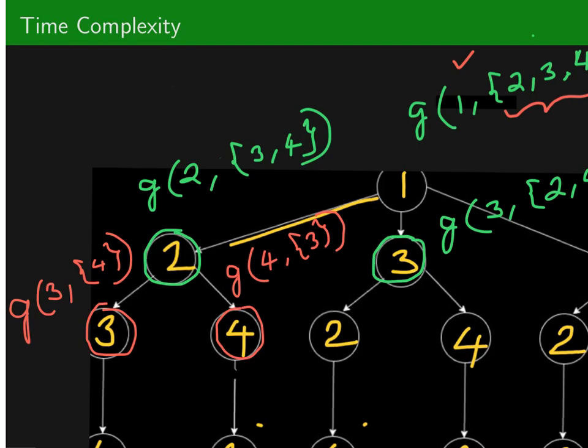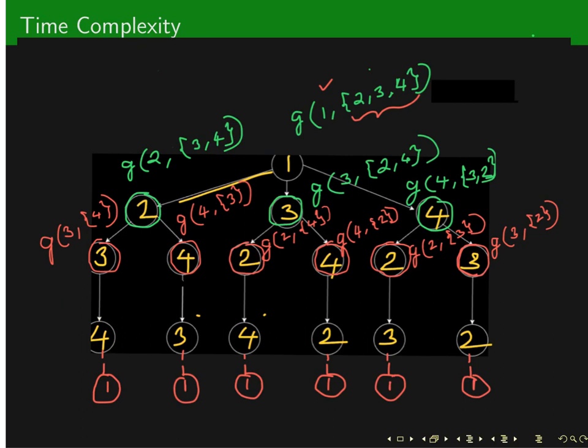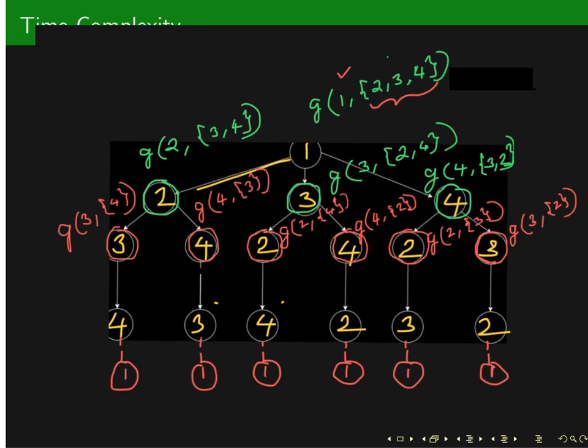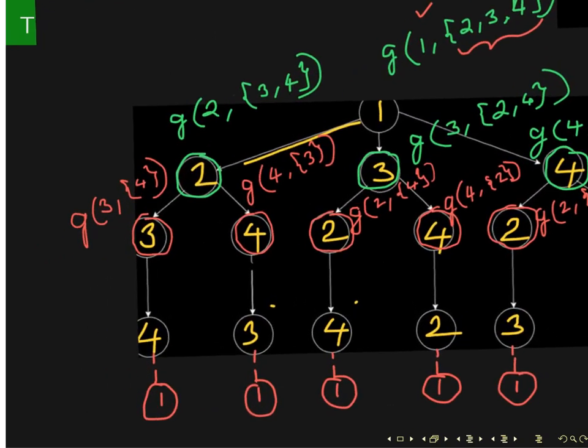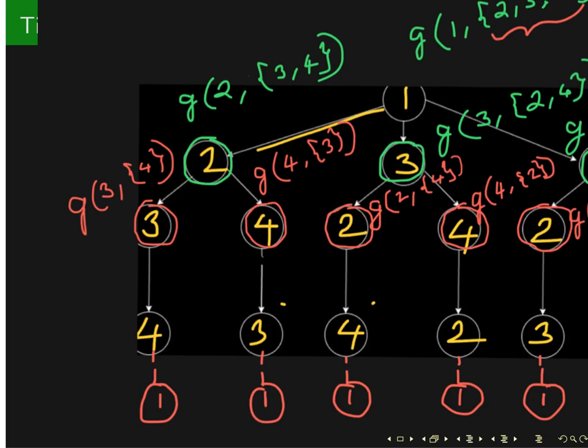Now let me fill the min cost representations of all the nodes in this level. Now let us move to the last level and try to represent the min cost representations there. Remember that in the last level, we don't have any more vertices to be visited than the starting city. Here we can write g of 4 comma null set.